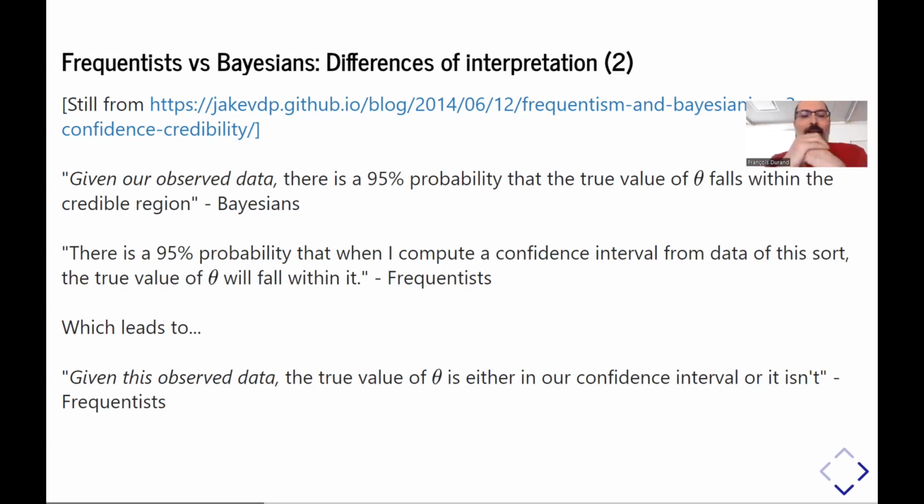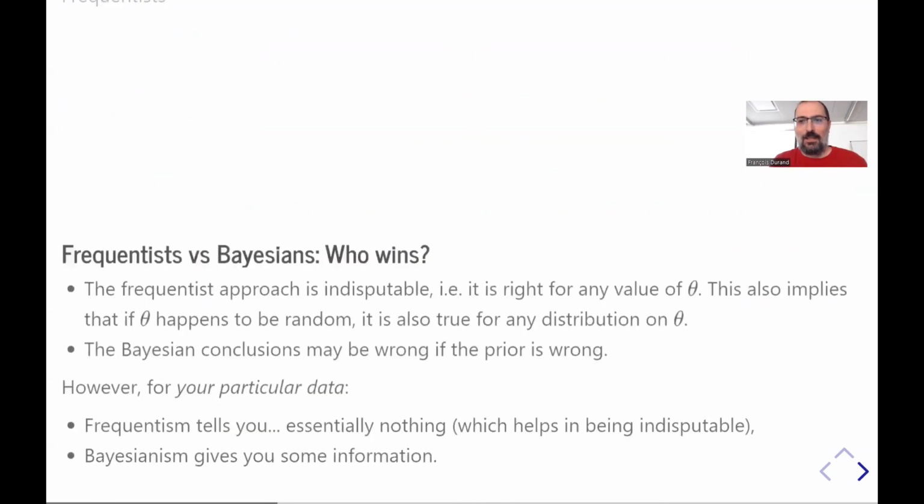And a posteriori, this means the frequentist is saying, given this observed data, the true value of theta either is in the confidence interval or it's not, which is perfectly indisputable.